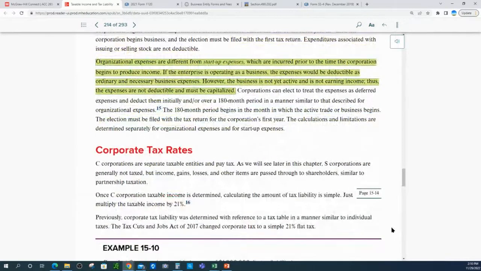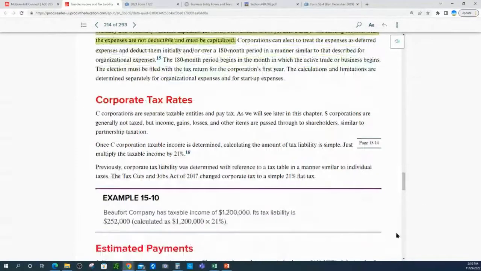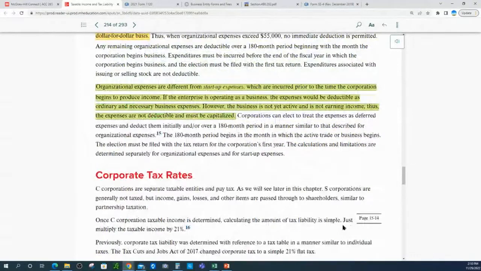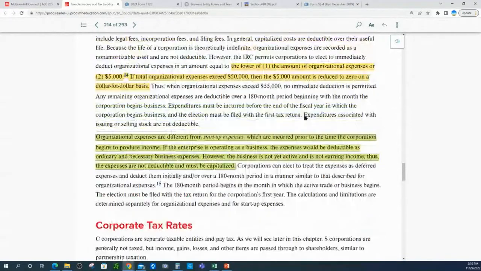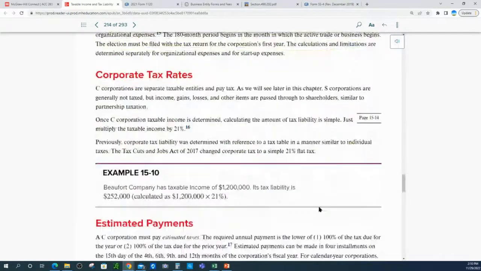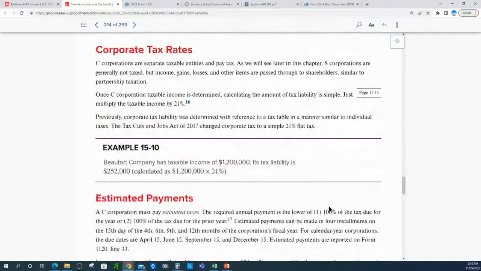You can deduct up to that $5,000 once you start earning income. You still can't do it until you actually start earning income. Okay, so that's the difference between the organizational and startup expenses, and that $5,000, and the fact that the $5,000 is reduced dollar for dollar once it exceeds $50,000. Questions? No?